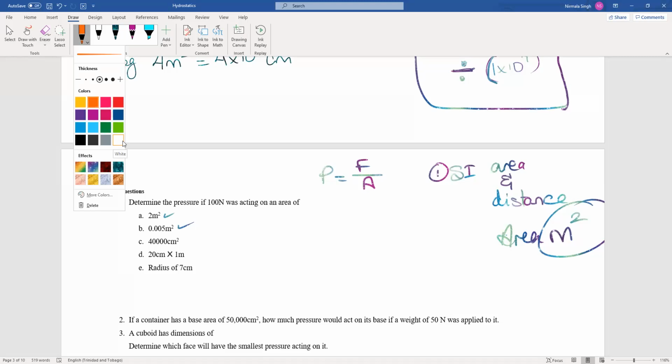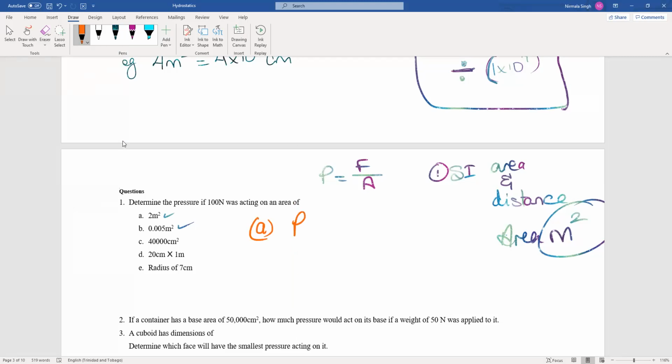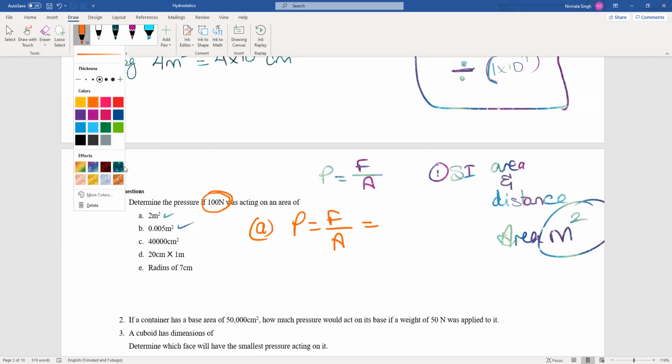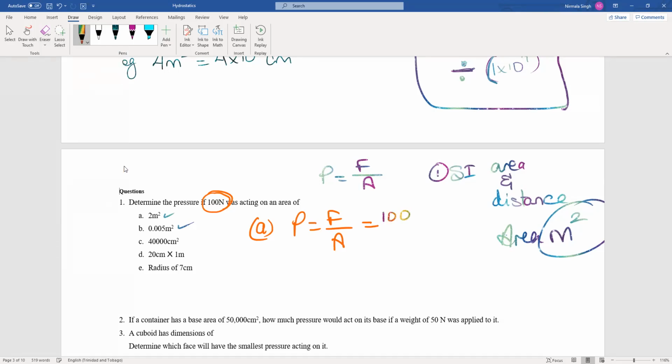All right, so for part A, pressure is equal to force over area. And our force here for all these parts in this question is 100 newtons. So that makes life easy. It's going to be 100 over 2, and you end up with 50 pascals.